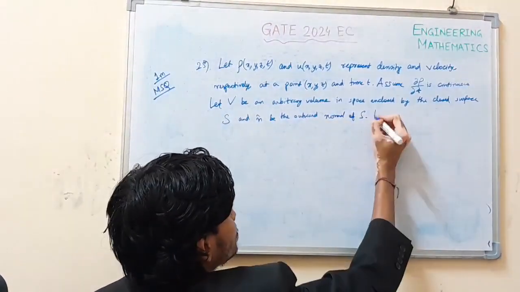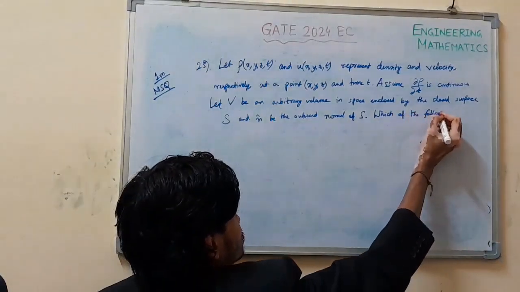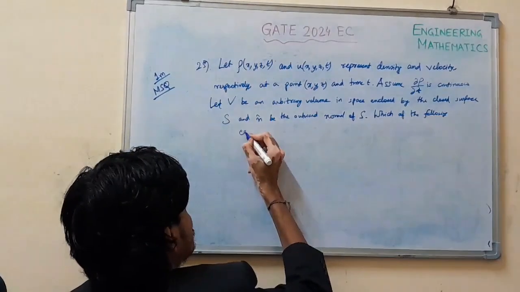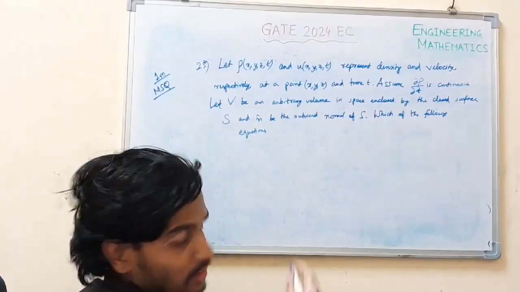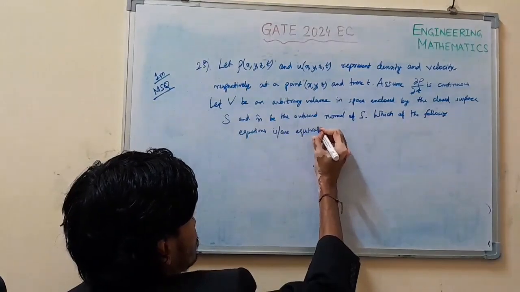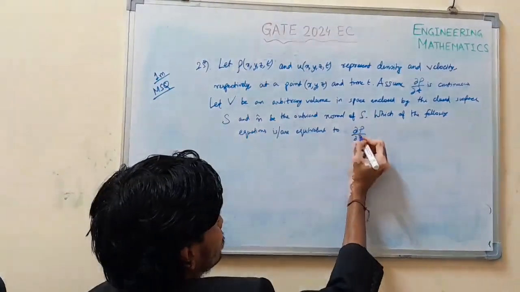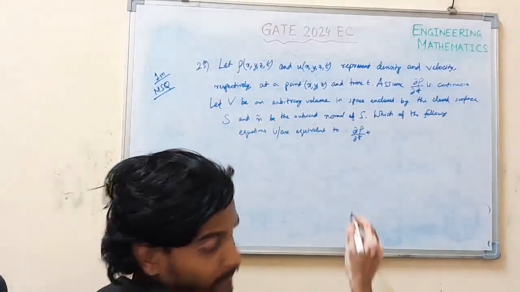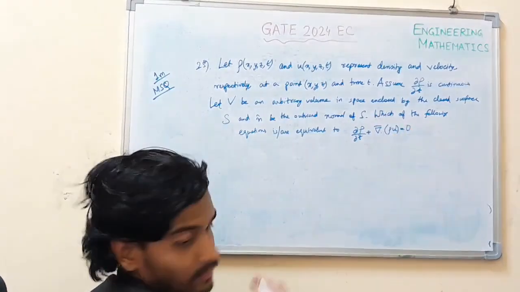Which of the following equations is or are equivalent to del rho by del t plus divergence of rho u equal to 0?